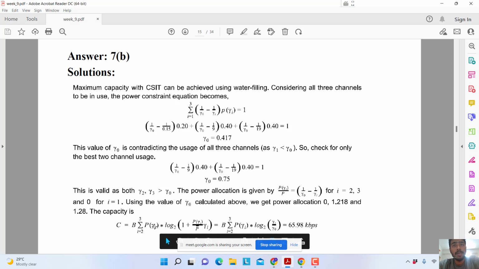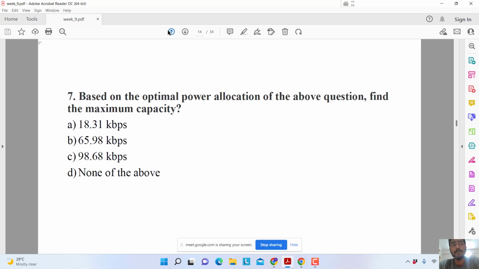As I told you, for gamma 1 it is 0, so we will not consider it. For gamma 2 and gamma 3 we already calculated 1.218 and 1.28, and gamma naught is 0.75. Just put in these values, and from there you will get our capacity as 65.98 kbps. So B is the right option.